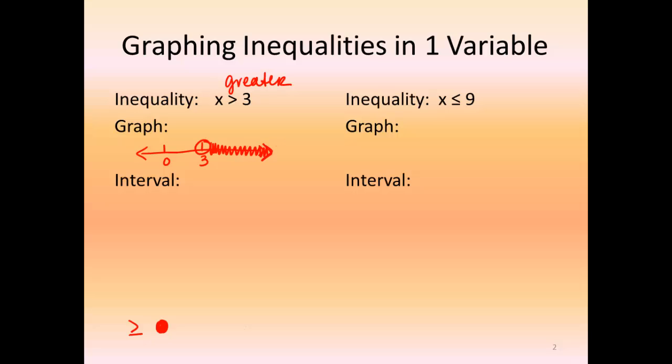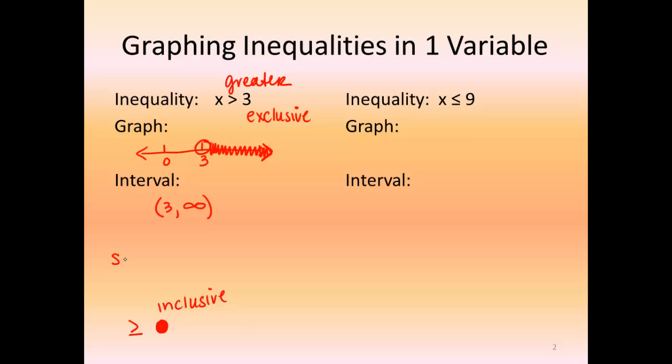We're also going to use the word exclusive because we are not including 3 itself. The solid circle example down here would be inclusive, so this one is exclusive. To write this as an interval, we have a soft bracket on 3, and this goes on to infinity, and we know that infinity always has a soft bracket.